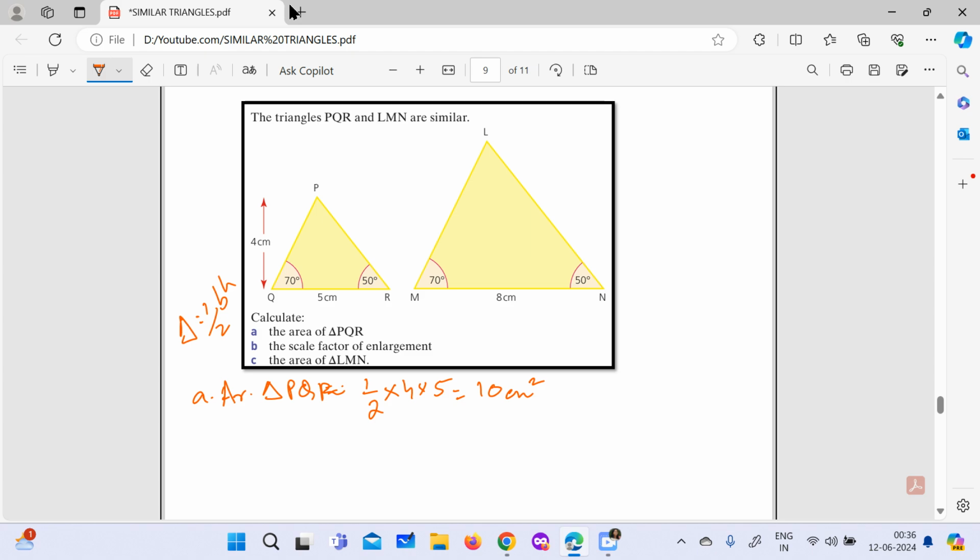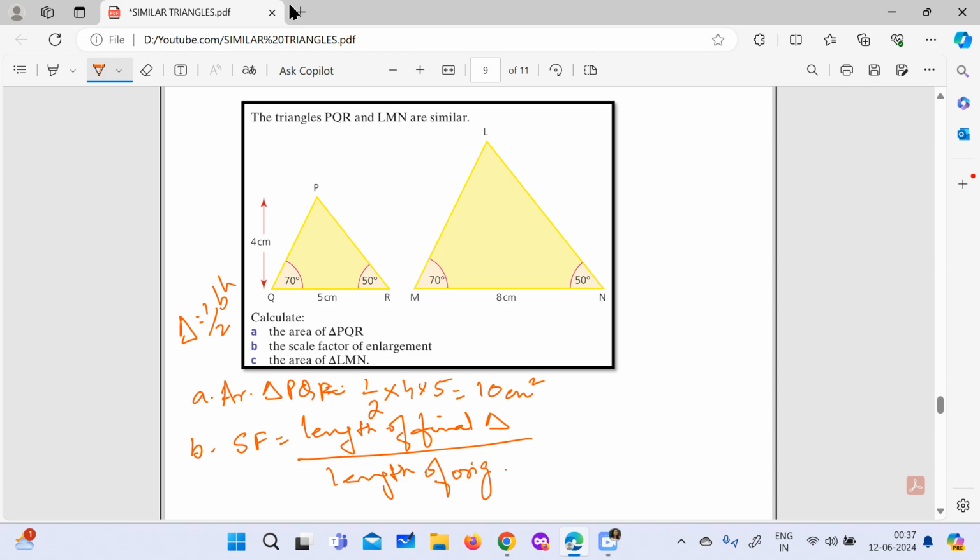Now second part, the scale factor of enlargement. So see, the scale factor, if you remember, is the length of the final triangle upon the length of the original one.